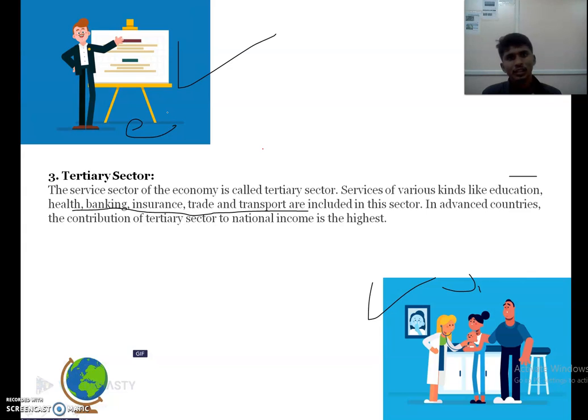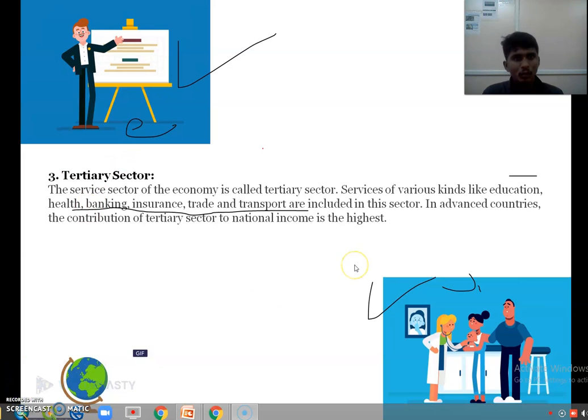The production involves the provision of services that are consumed. Exchange involves the trade, transport and communication facilities that are used to overcome distance. So tertiary jobs you can also call white collar jobs.